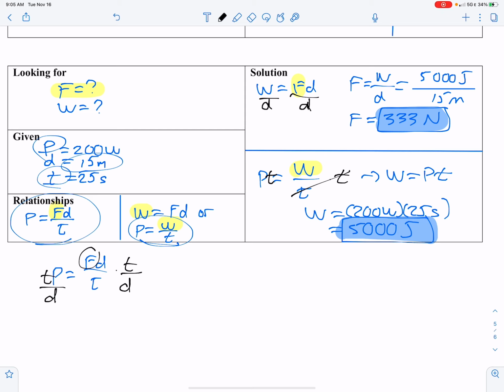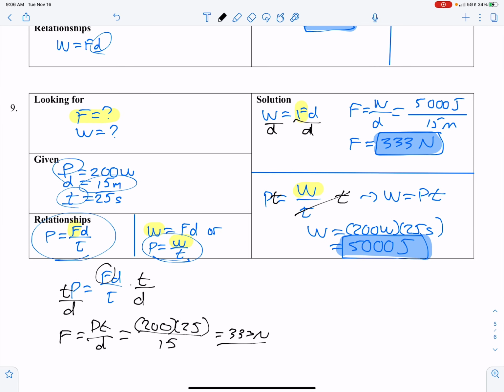Plugging into that equation, force is equal to power times time over distance, which is 200 times 25 over 15. And you can see 200 times 25 divided by 15 still gives you 333 newtons. So I just want you to see you have alternative ways of accomplishing the same thing.